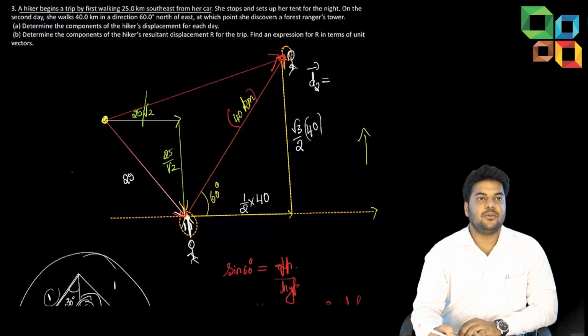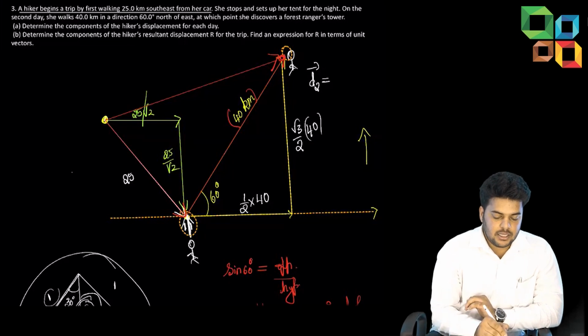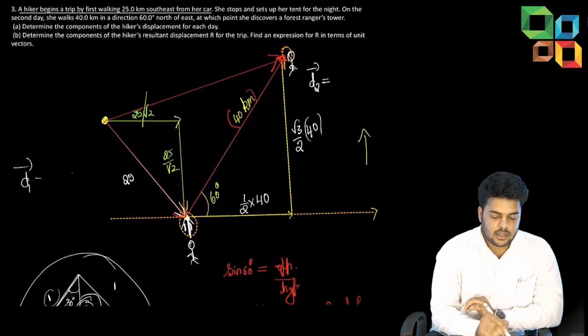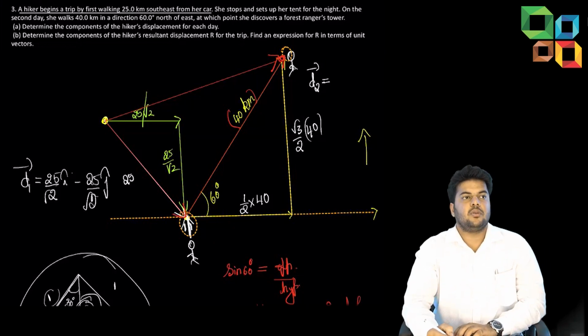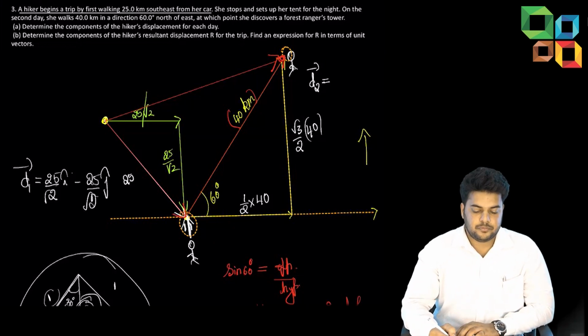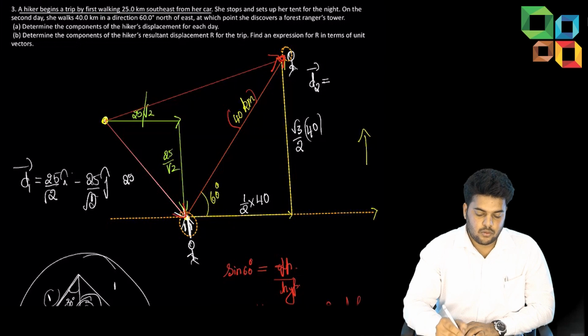What is D2? D2 in the vector form. Here I had written D1 as 25 by root 2 i cap minus 25 by root 2 j cap. Can you write it in the similar unit vector notation? It is half of what?